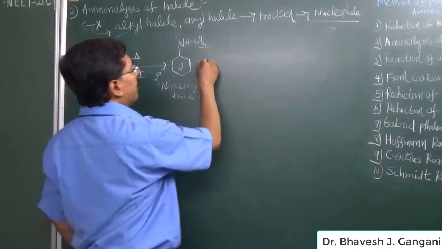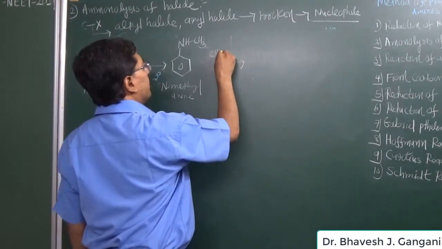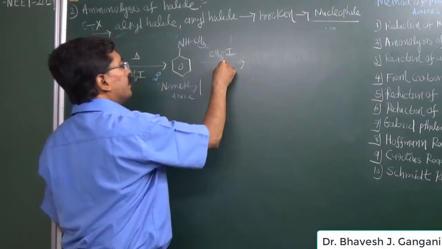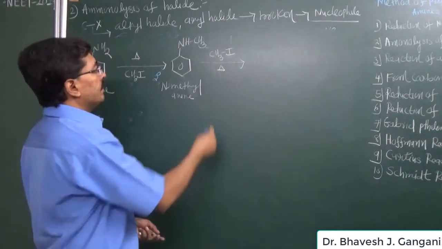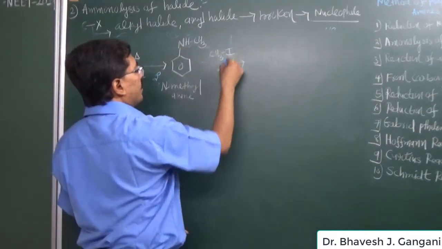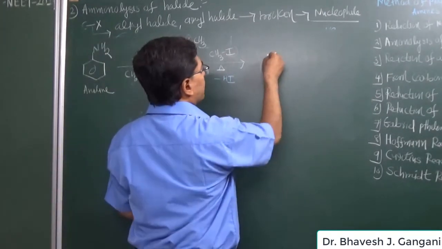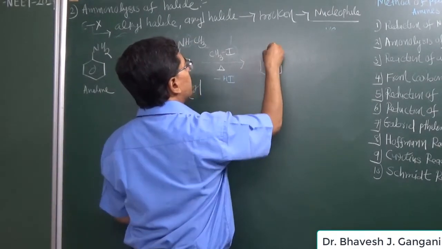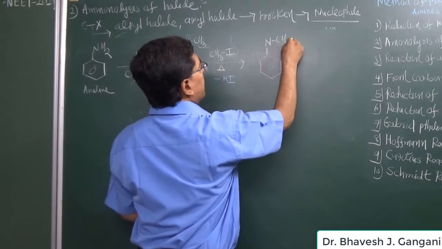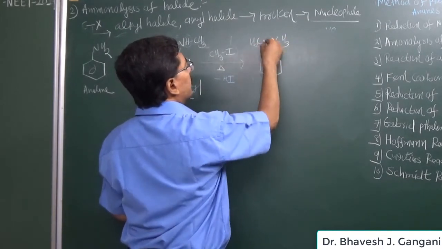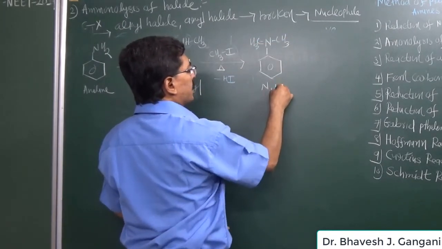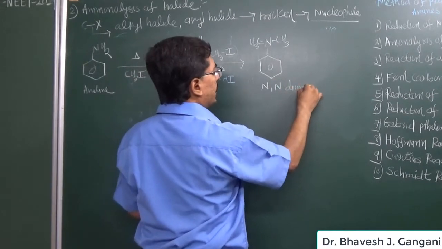Now suppose we have excess methyl iodide and it is heated further. Then hydrogen reacts with iodine and is removed in the form of HI, and the next structure obtained is N,N-dimethyl aniline.